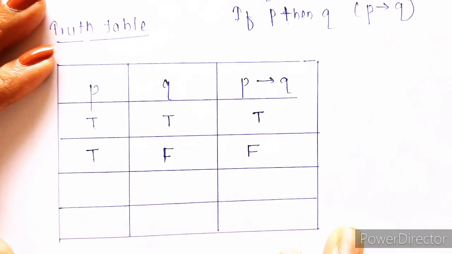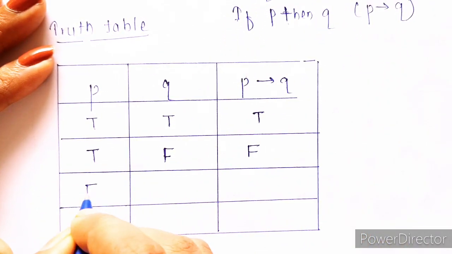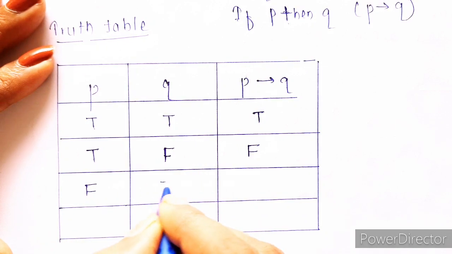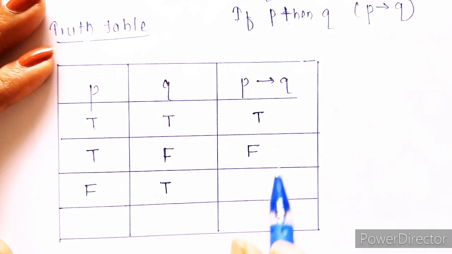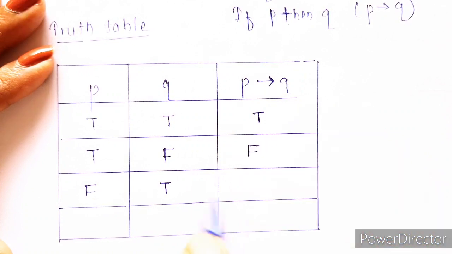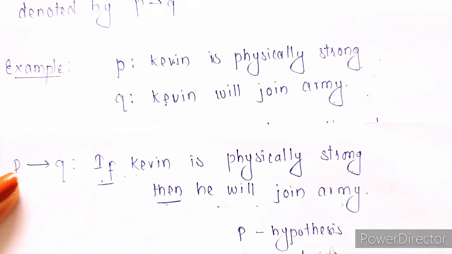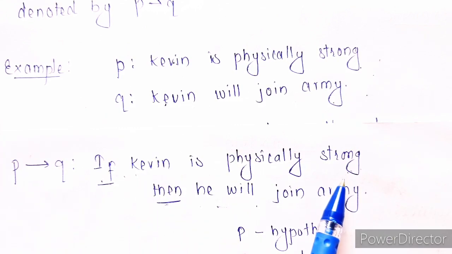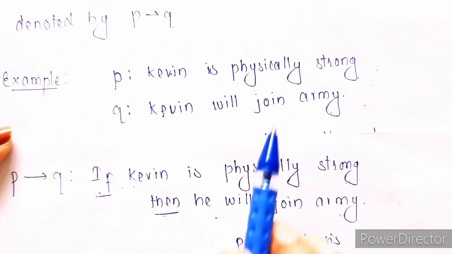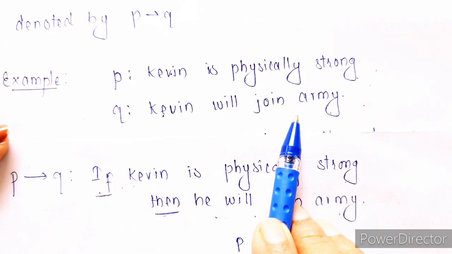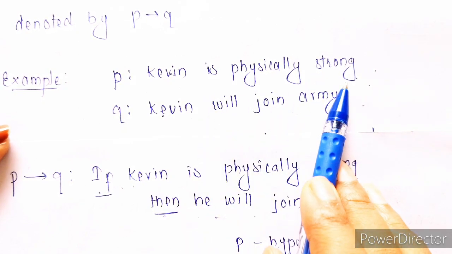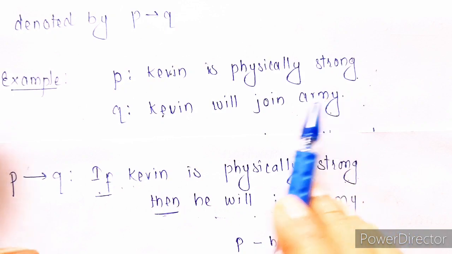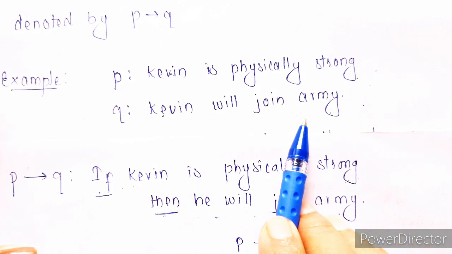Now in the third case, let's assume P is false and Q is true, and let's look at what P implies Q will be. The hypothesis, the first statement itself, is false. Kevin is physically strong is false, but Kevin will join army is true.